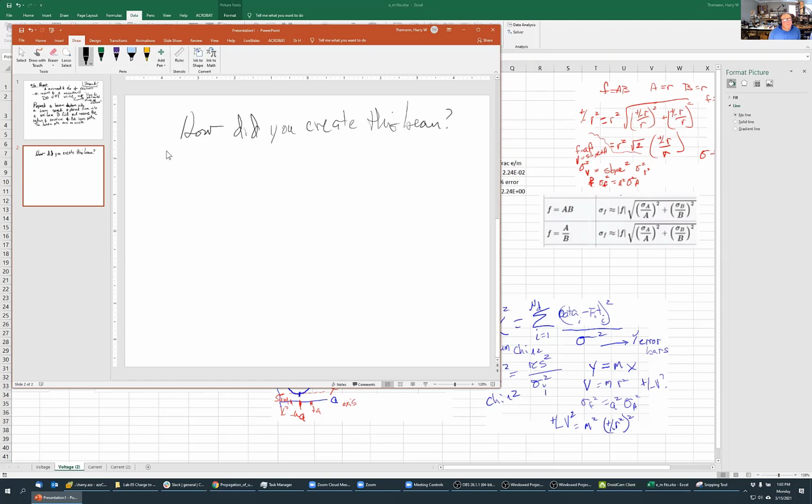And so you have, remember, there's an accelerating voltage. And of course, we need a source of electrons. We went over all this last week. And there's this concept of collimation.